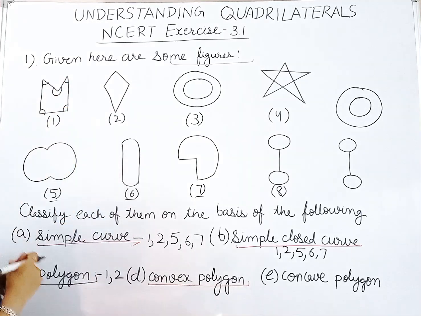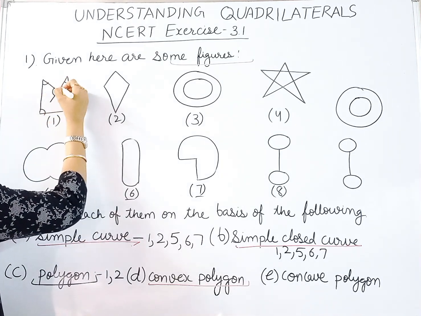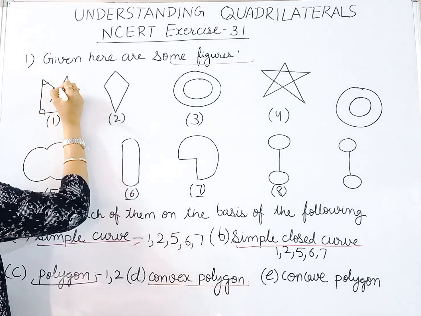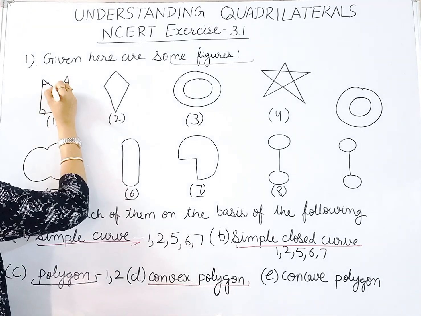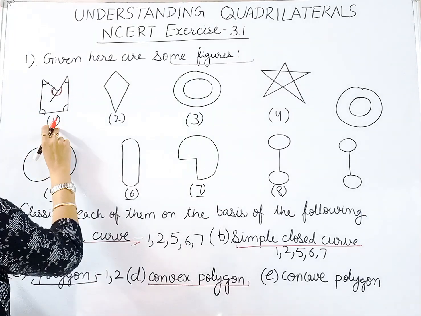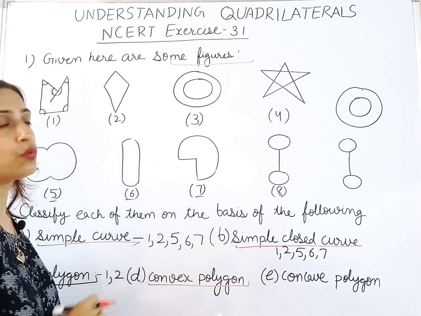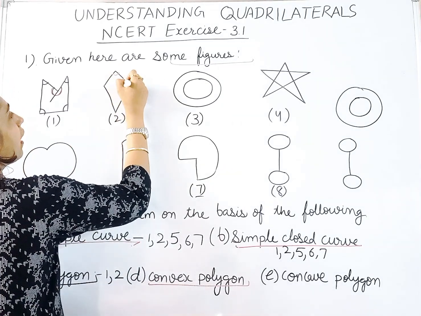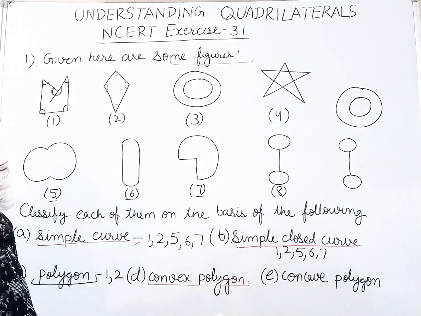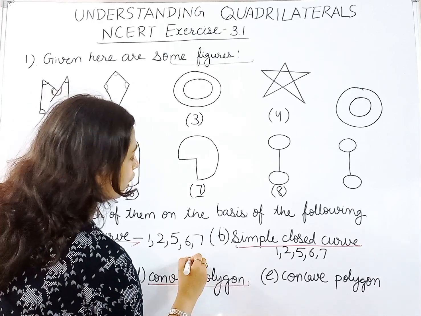But this angle is greater than 180 degrees. See, this is a straight line and this angle is 180 degrees, but the whole internal angle is this plus this, so it is definitely greater than 180 degrees. So this is not a convex polygon. In figure number 2, there are 4 internal angles and all of them are less than 180 degrees. So figure number 2 is a convex polygon.